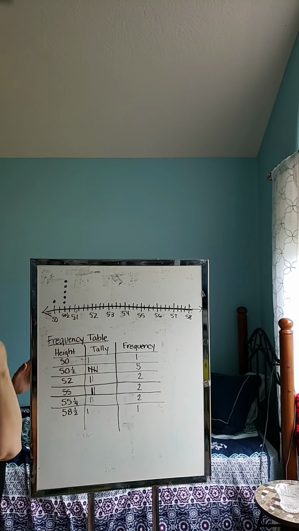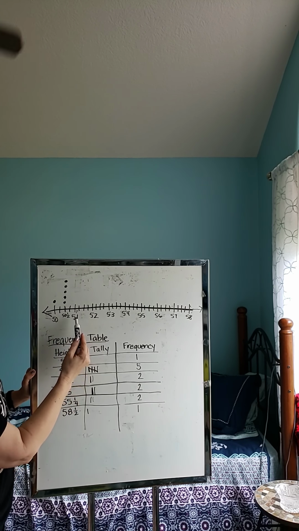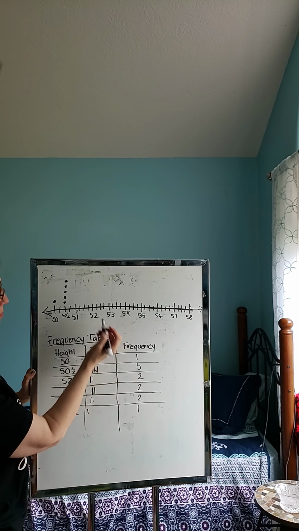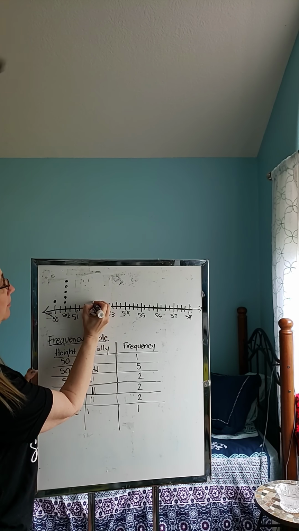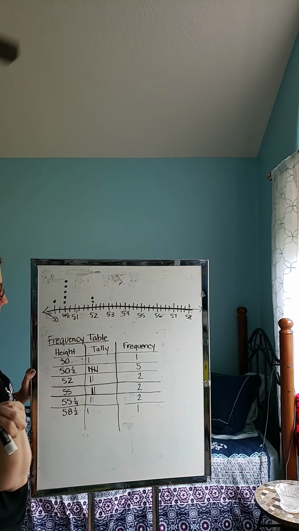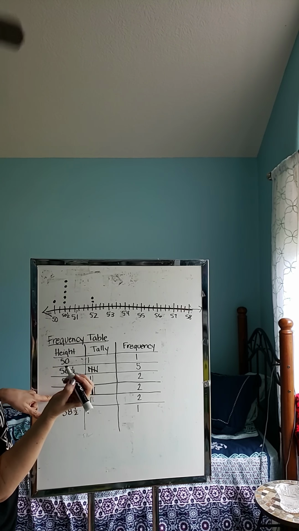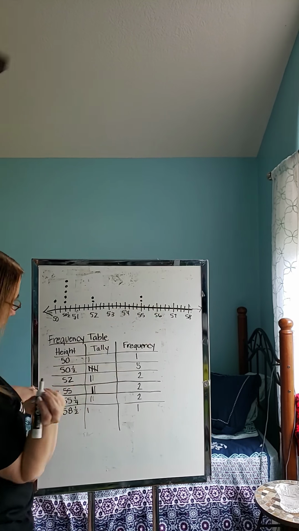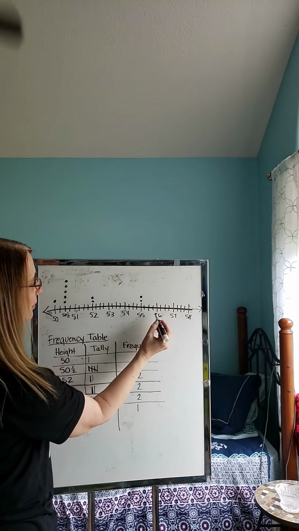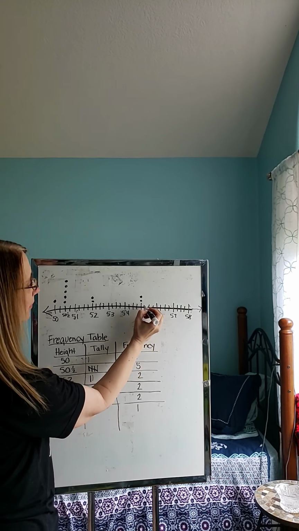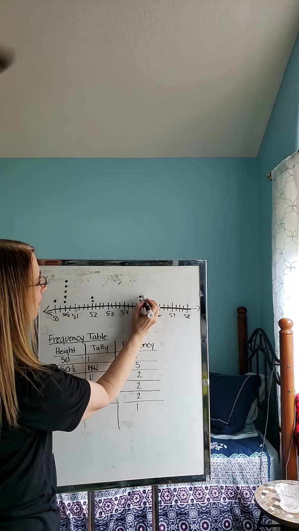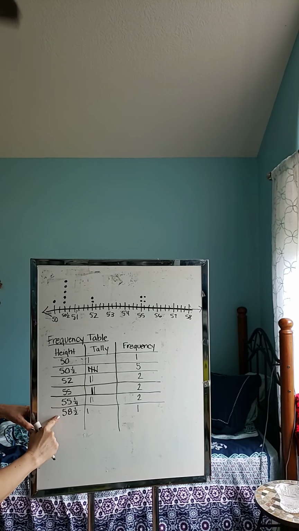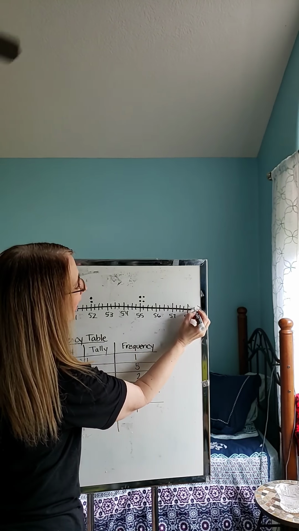I don't need to put any over 51 because there isn't anybody that's 51 inches in their class, but there are 2 people that are 52. 55. There's 2 people that are 55. 2 people that are 55 and a fourth. So there's my 55 and a fourth right there. And 1 person that's 58 and a half.